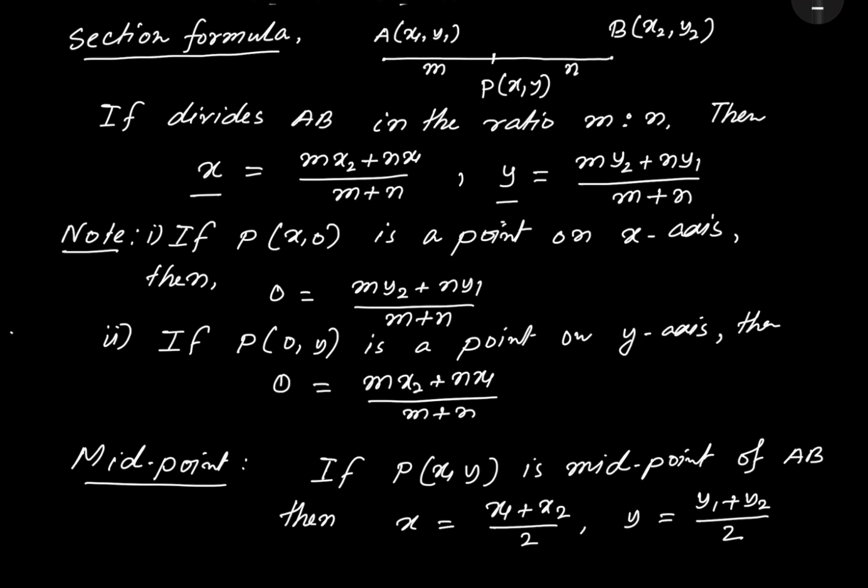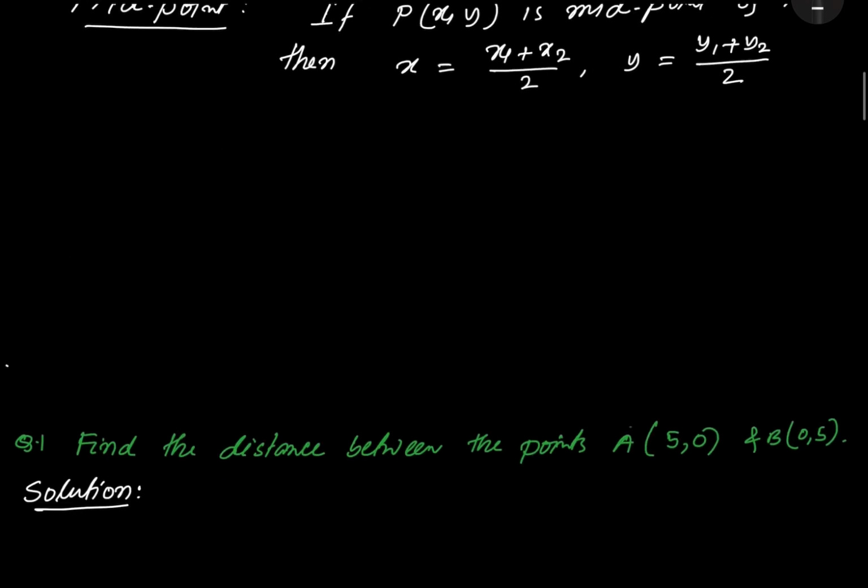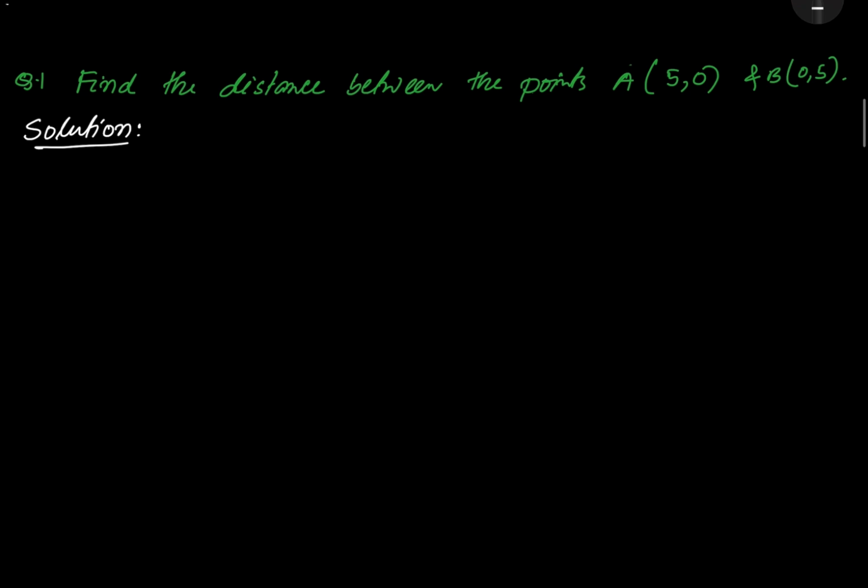Okay, next see the sum. Find the distance between the point A 5, 0 and B is given 0, 5.